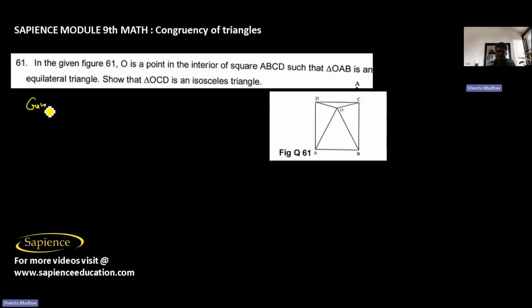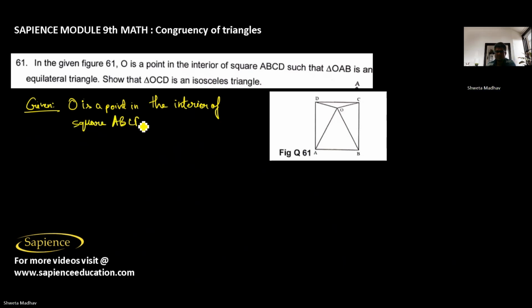So it is given that O is a point in the interior of a square ABCD such that triangle OAB is equilateral.